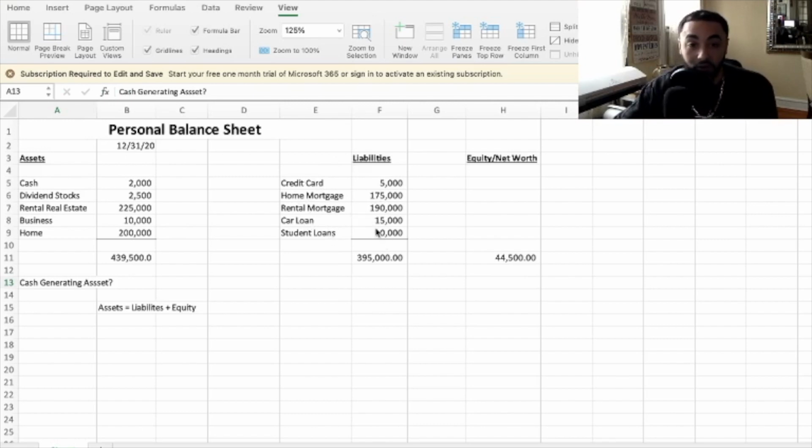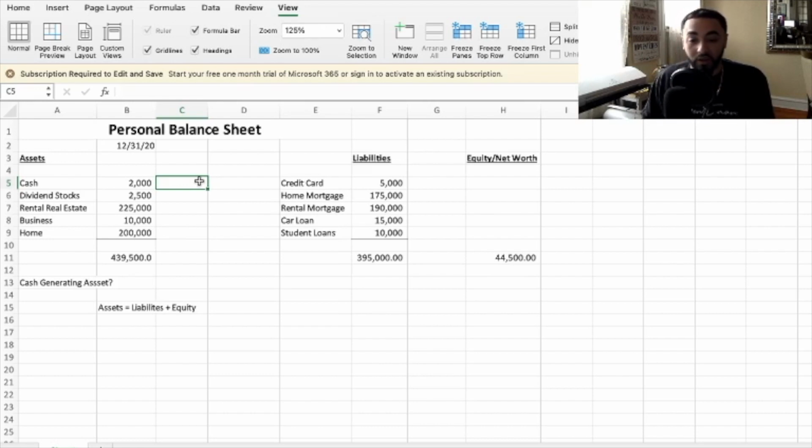Your car loan and student loans will give you a total of $395,000, for a grand total net worth of $44,500. So your net worth is, after you sell all your assets and pay off all your liabilities, what do you have left? In this case, we have $44,500.